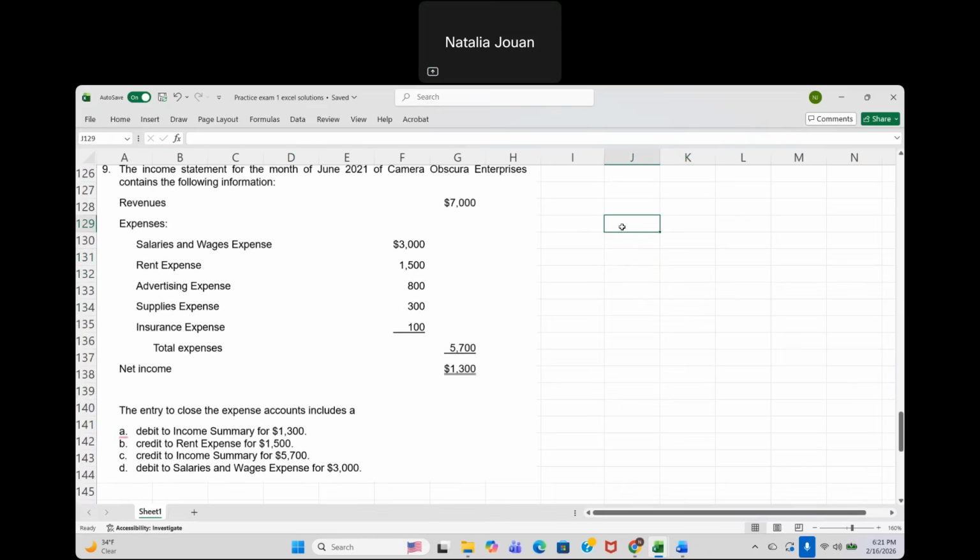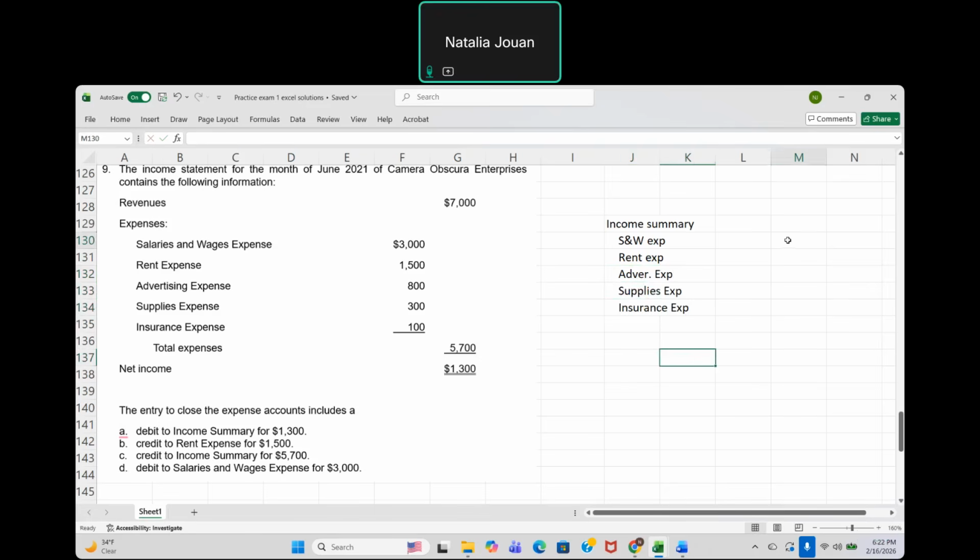So what do we debit? Income summary. We're going to credit all the expenses and debit income summary. So we have salaries and wages expense, rent expense, advertising expense, supplies expense, and insurance expense.